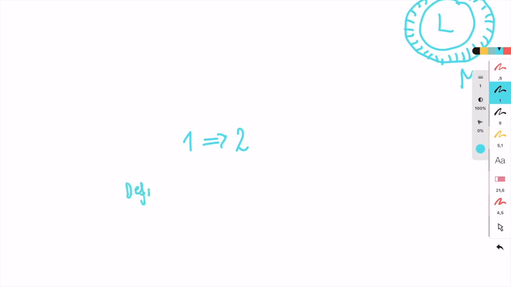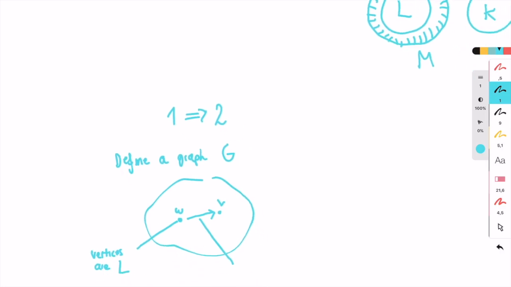Define a graph G, where the vertices are words from L, and then there is an edge from one word to another if you can go from W to V, passing through some word from K. If there exists some U in K, such that W embeds in this intermediate word, and then, so this word is in K, and then you go to V. So it's a graph on L.